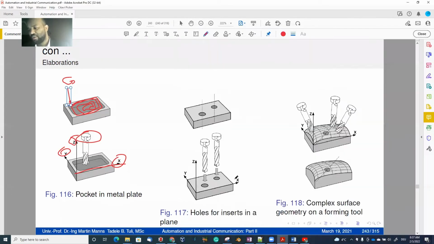So in such a situation, how we have to assign our reference frame is, at one point, we need to assign a global reference frame where we say we have the z-axis aligned along the tool axis, the x-axis and the y-axis maybe along the horizontal plane, and then this complex surface will have its local reference frame with respect to the global.